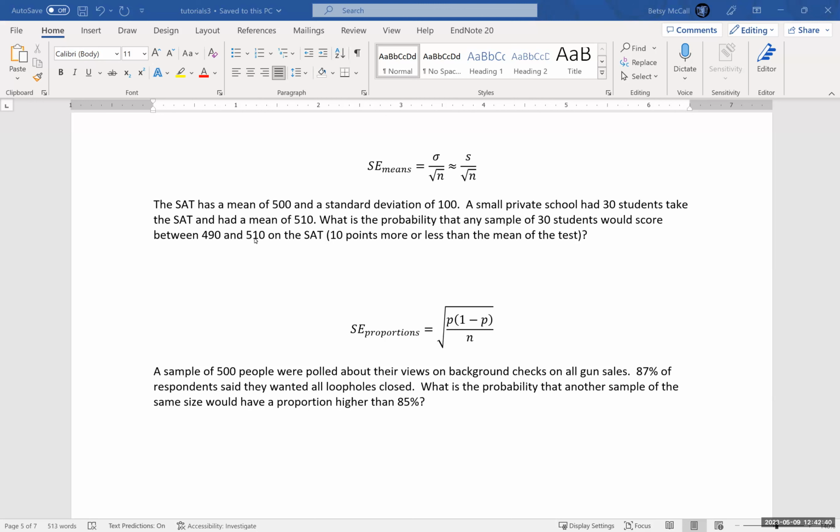This is one way of asking whether this is a typical value you would expect from a sample size of 30 students. How likely is it to be within 10 points of the population value? All right, so let's go to Excel and do this calculation.